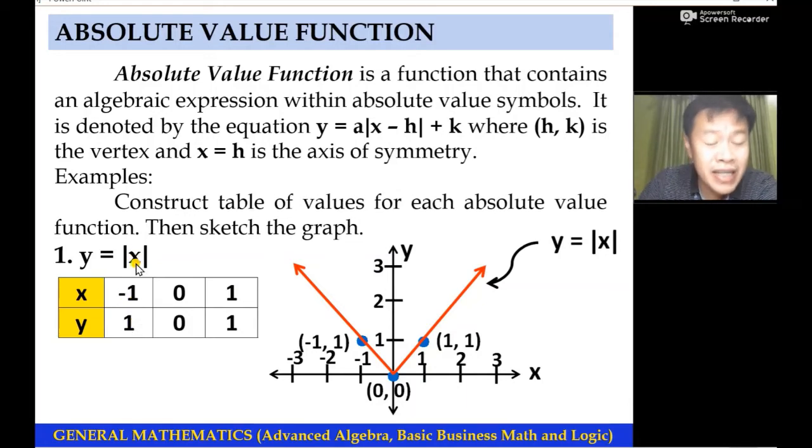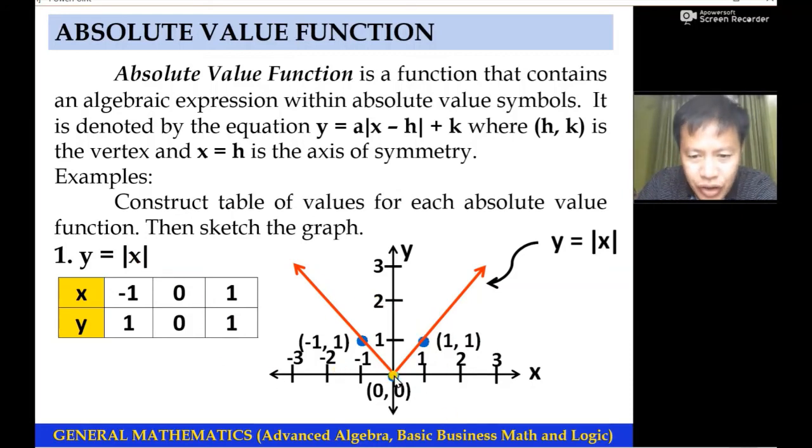There is no negative distance. Therefore, there is no negative result for the absolute value. Any number, either negative or positive, the result is positive. Absolute value of 0 is 0. If x is equal to 1, the absolute value of 1 is 1. Therefore, this is very simple.